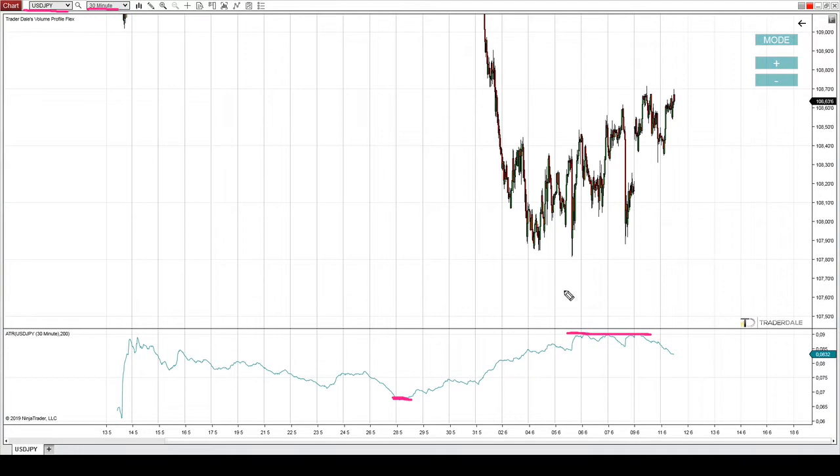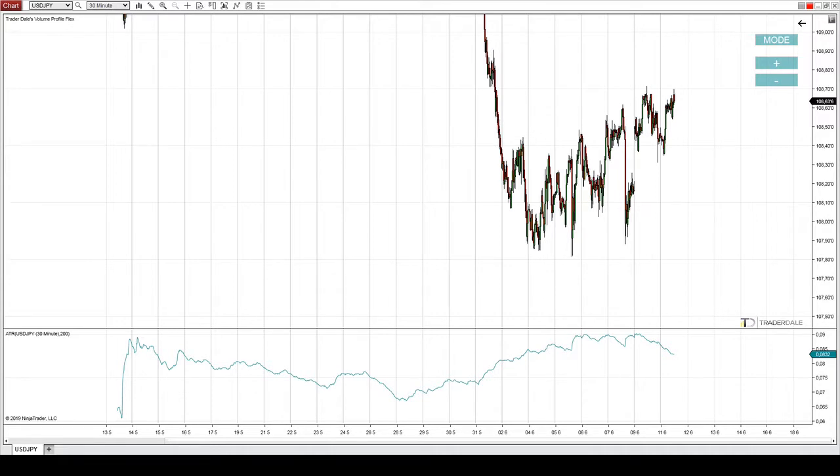So currently, in this period, 10% of the daily volatility would be 9 pips. All right, if you wanted to trade 20% of the daily volatility, it would be 18 pips, which would mean that your take profit would be 18 pips and stop loss 18 pips. Those are just rough numbers, but I wanted to show you how you can set the intraday profit target and stop loss for your trades.